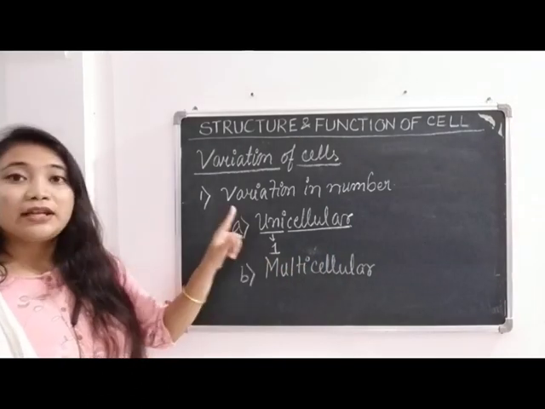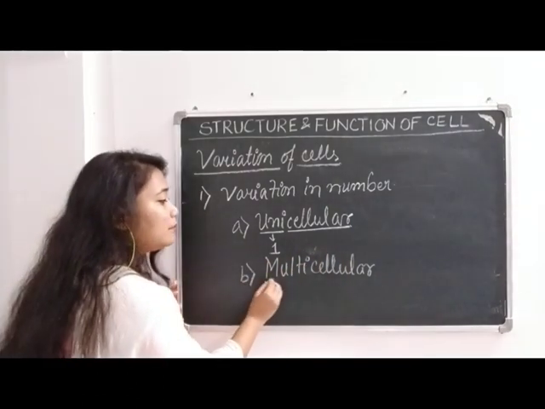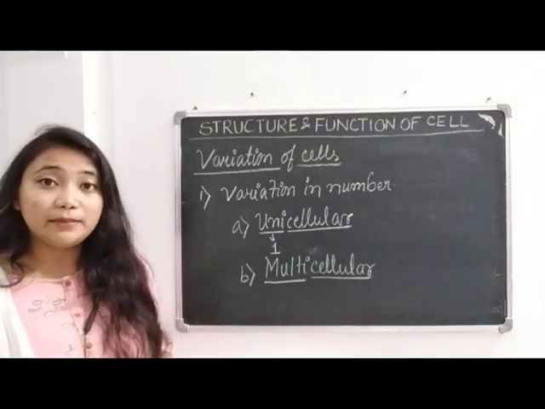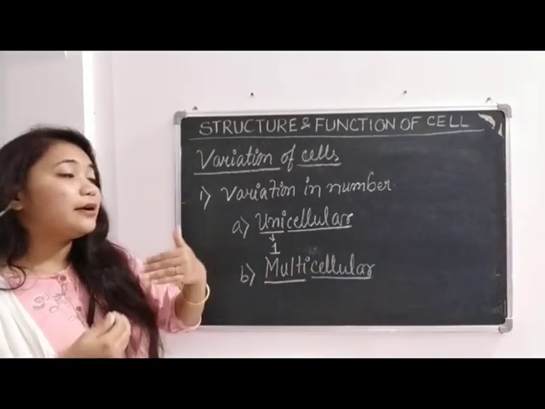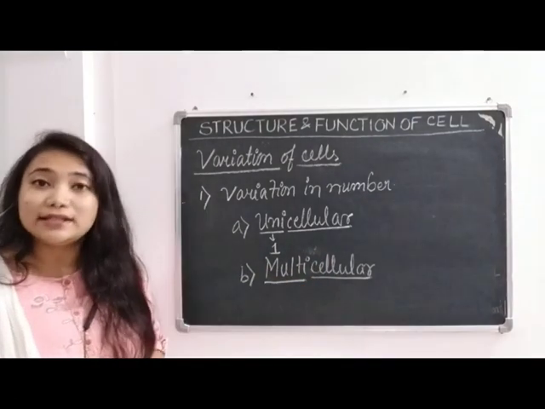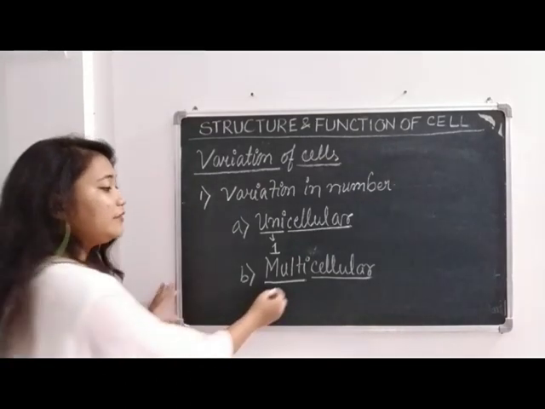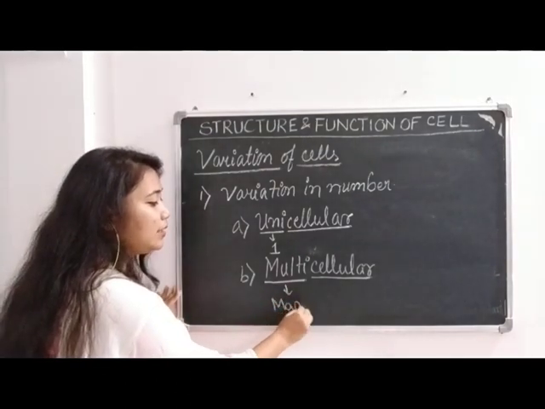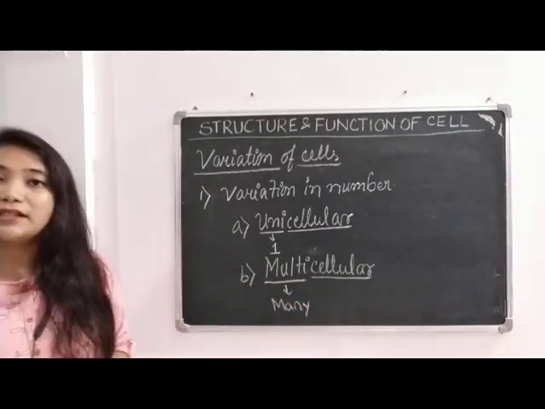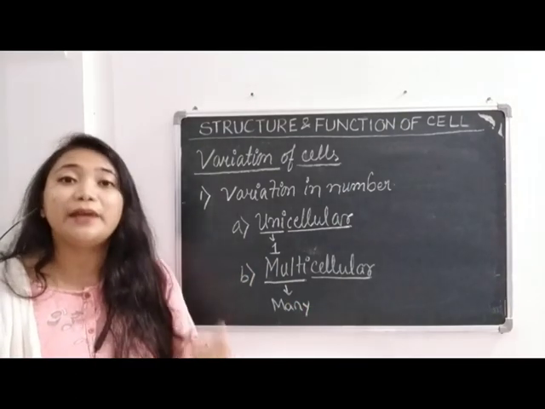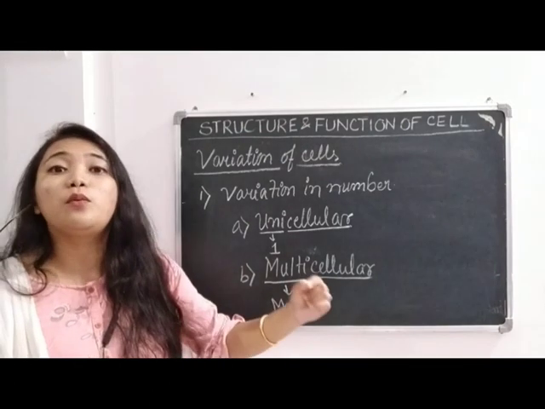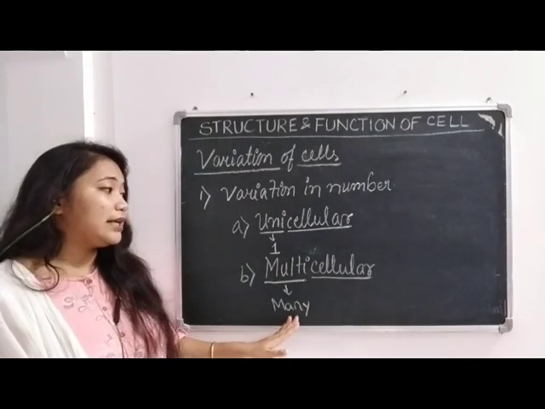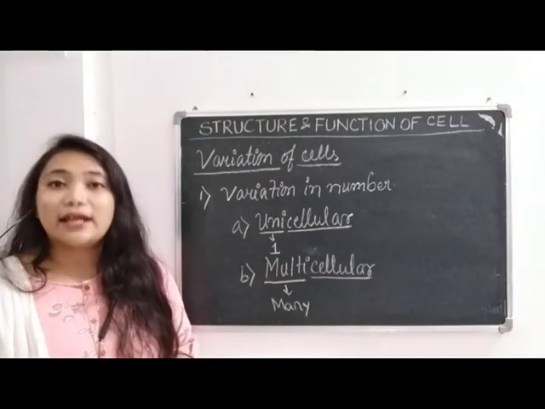One cell only. Next term you see is multicellular. What does multi mean? Multi means many. There are many cells in these organisms. So those organisms which are made up of more than one cell are called multicellular organisms.